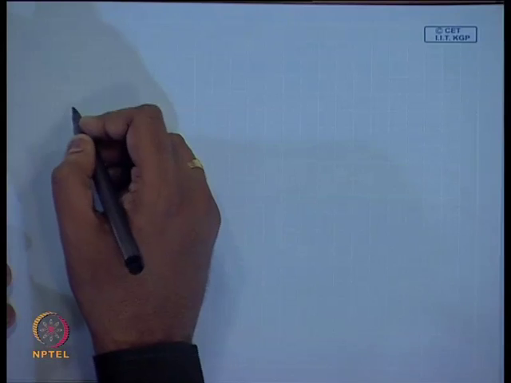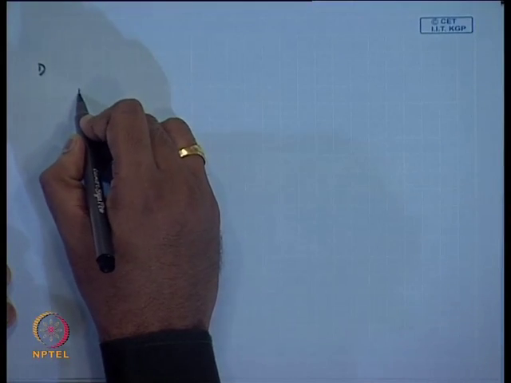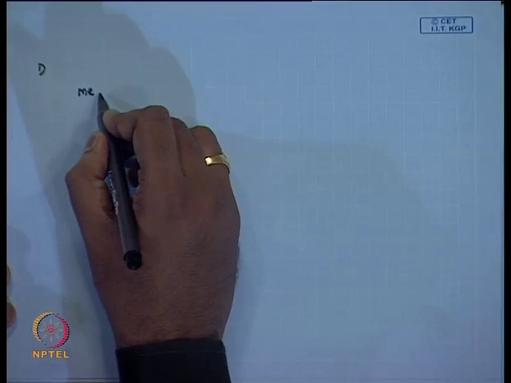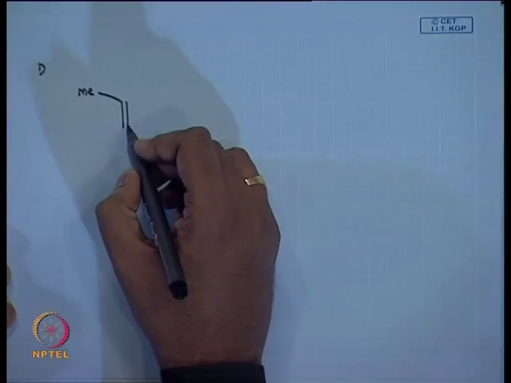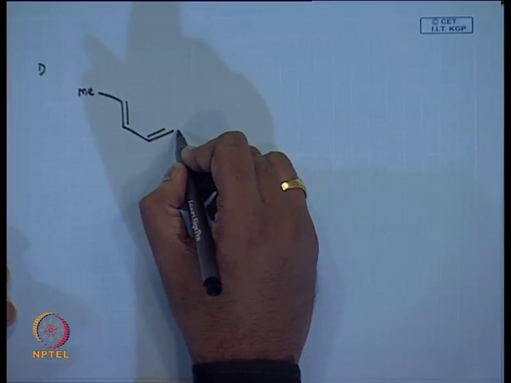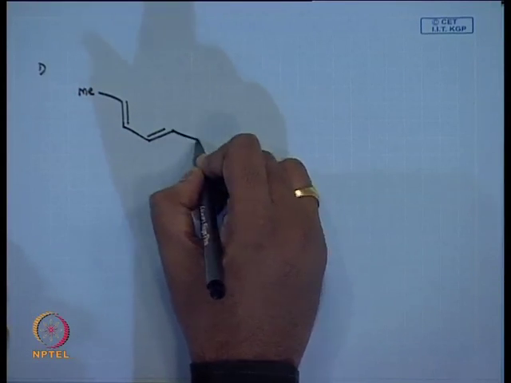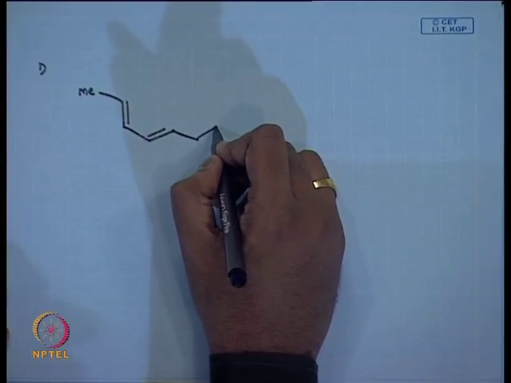So, think about your intramolecular Diels-Alder reactions. We will do some examples on that, to see how intramolecular Diels-Alder reactions work. We will take the first example. Same example in one way, but we will try to see whether we can figure the product out.